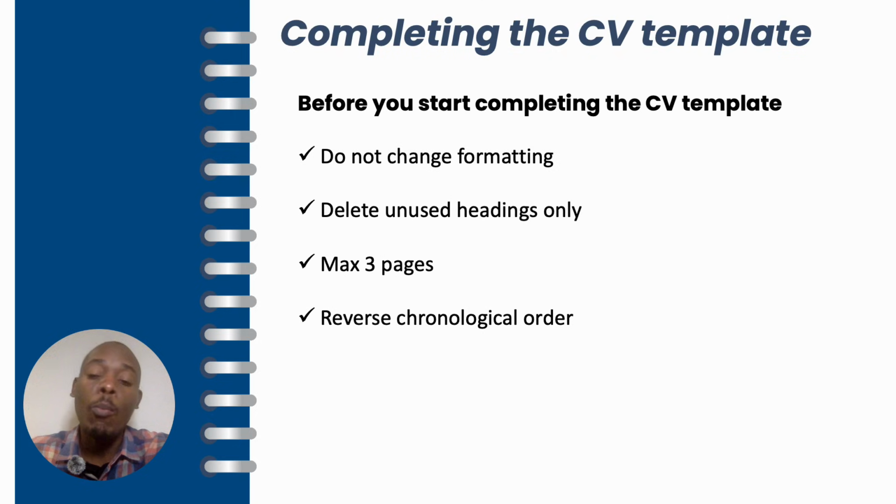So you start with your most recent information going backwards. If you are providing information on your work experience, you start with your current work experience, then you go to the previous experience where you left or whatever you did. So you start with the current and go backwards in all the sections. Please do follow this instruction as you are completing the curriculum vitae.